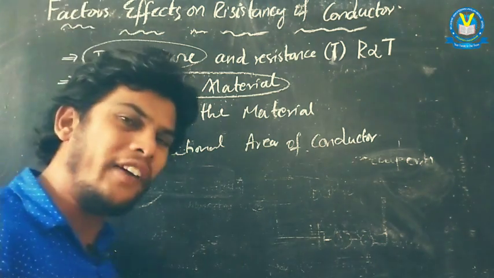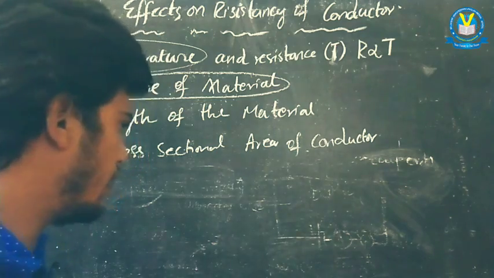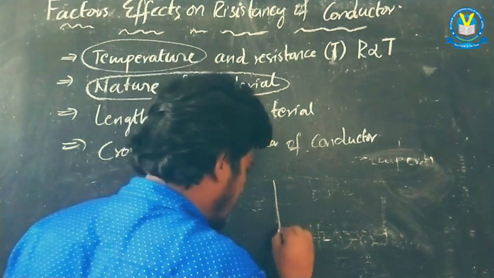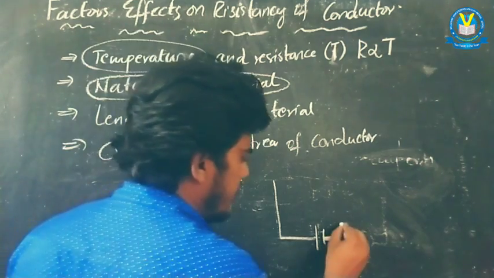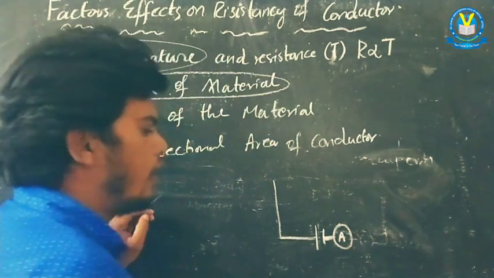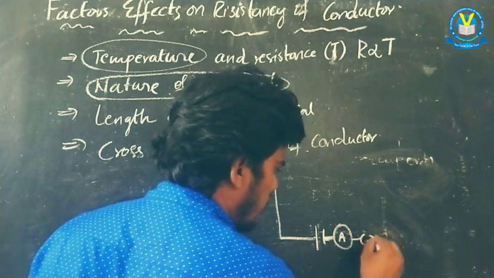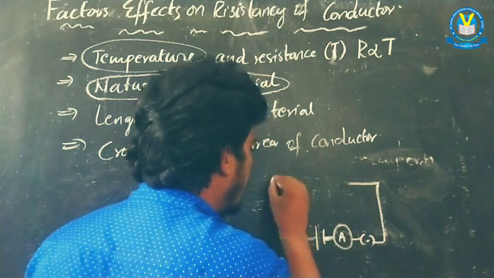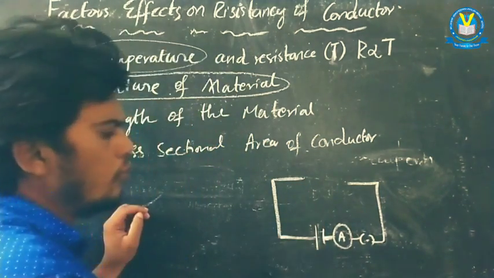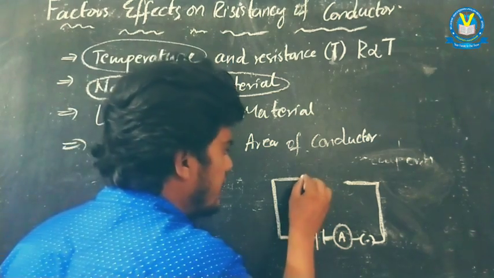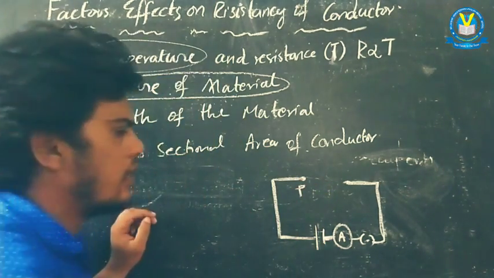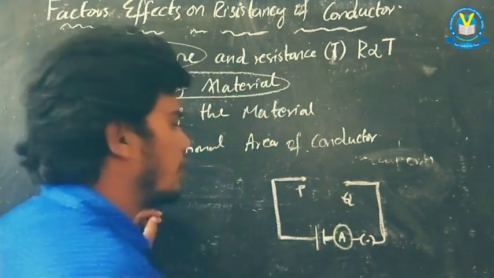To find out, let's do an activity using a simple circuit. It has a battery, an ammeter, a key, and two connecting wires whose ends are left free. This end is the P end of the connecting wire, and this is the Q end.